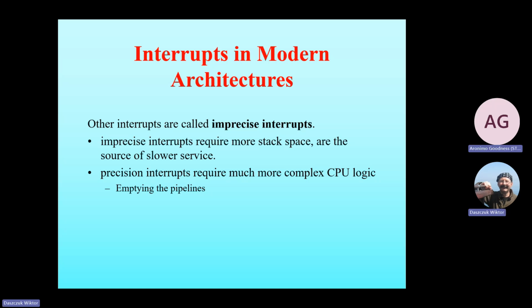And if we serve the interrupts in cascading mode, it is done on the system stack, and the system programmer takes care to have enough room on the system stack to accommodate all data from the processor that are in the program model and that are out of the program model. They are the state of the pipeline. It is quite a large amount of data. Recall, Intel has 5 pipelines of 20 stages each.